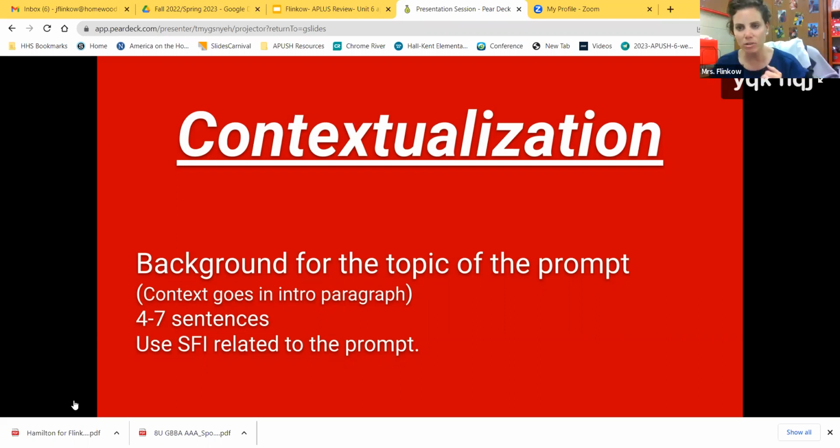When you think contextualization, make sure that your contextualization is relevant to the prompt. So for example, let's say your essay is asking about the economic policies in the 1980s.